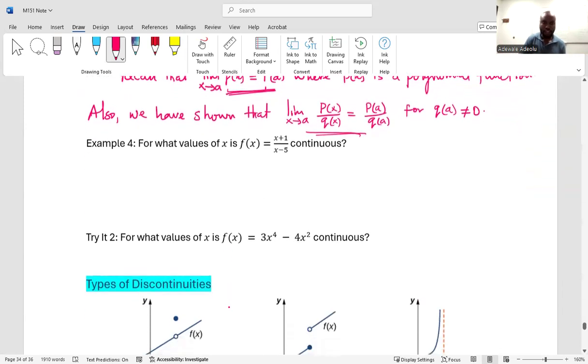For example, for what values of x is f of x equals x plus 1 divided by x minus 1 continuous?